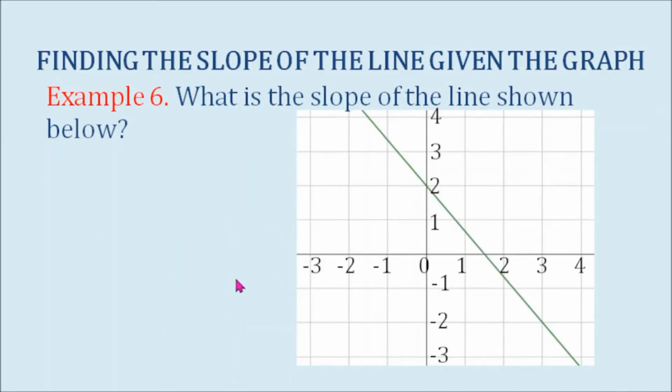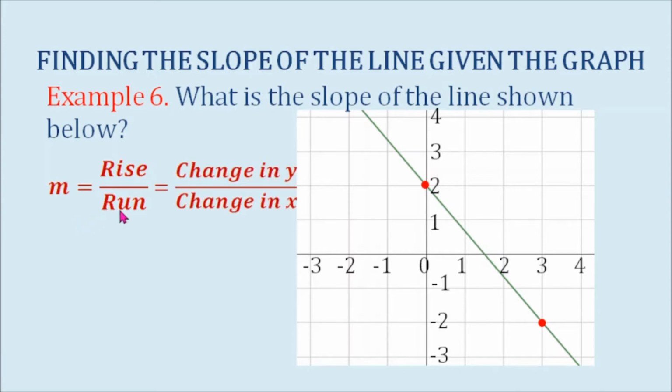Example number 6. What is the slope of the line shown below? Again, to find the slope of the line, we are going to identify 2 points that are on the line. For example, this point and this point. Now, slope of a line is known as the rise over run or change in y over change in x.